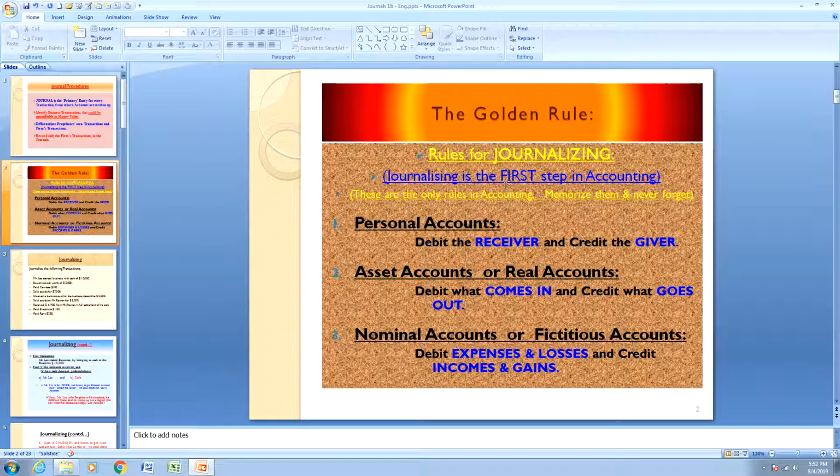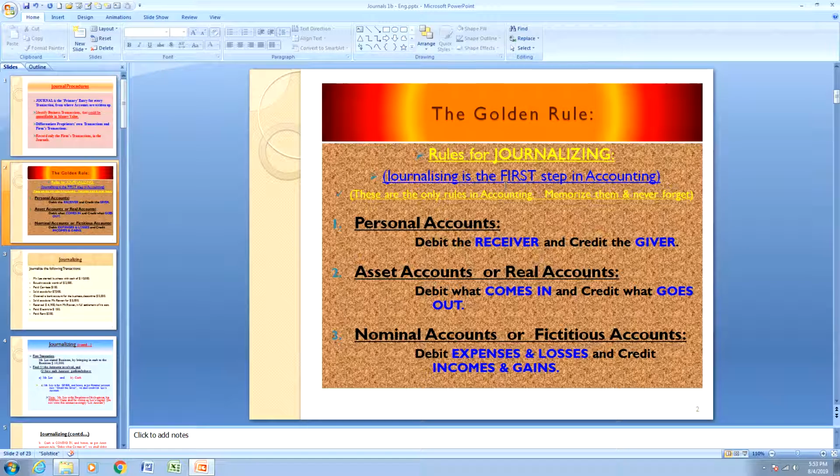The golden rule. Rules for journalizing. Journalizing is the first step in accounting. These are the only rules in accounting. Memorize them and never forget. Personal accounts: debit the receiver and credit the giver.